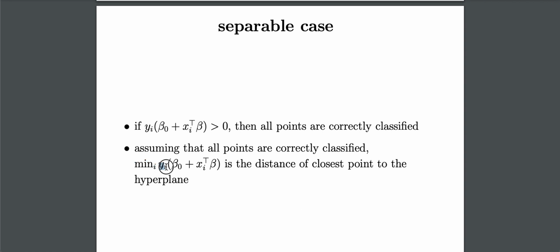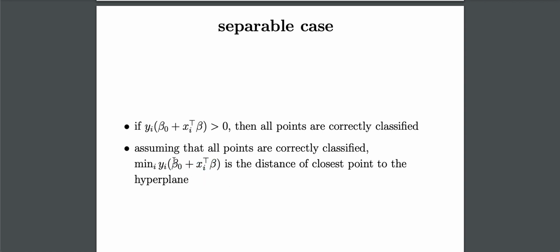By minimizing this, remember, this divided by the L2 norm of beta was the distance from the hyperplane. So in a sense, this is the distance from the hyperplane when your unit is the L2 norm of beta.